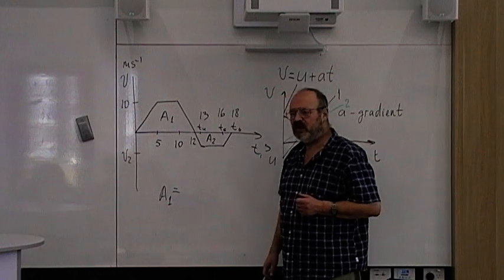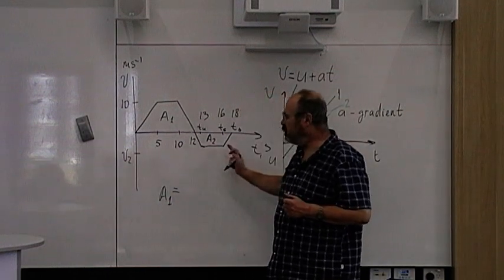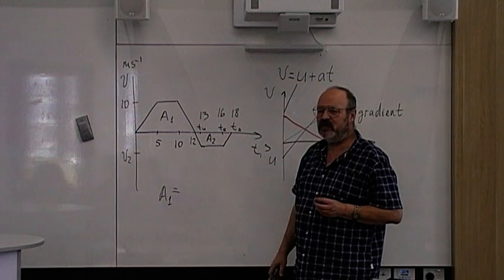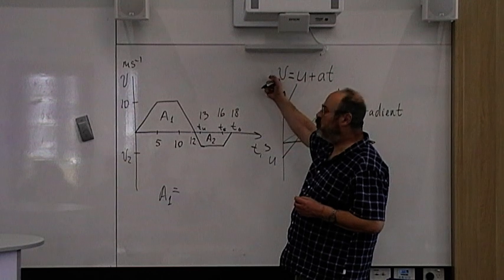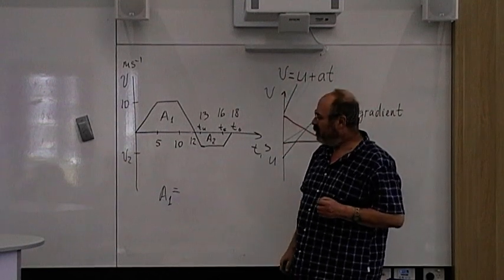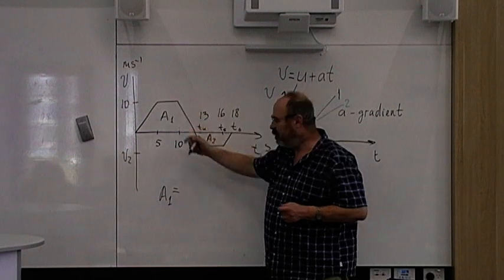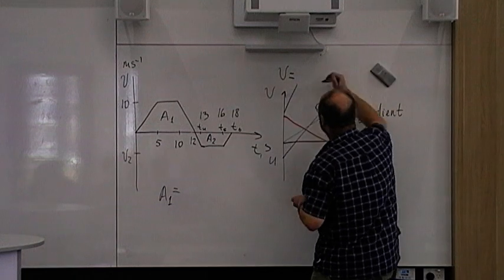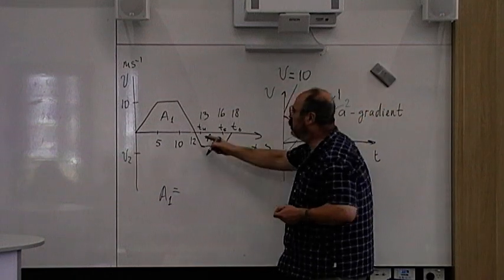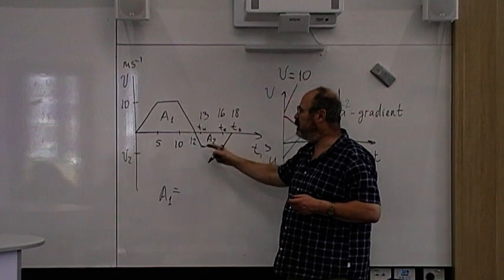Now, I have not put a value here. Can we work out what this velocity in the negative direction will be? Using this formula, what is the initial velocity here? 10. Now, what is the acceleration? Can we work out the gradient of this part?